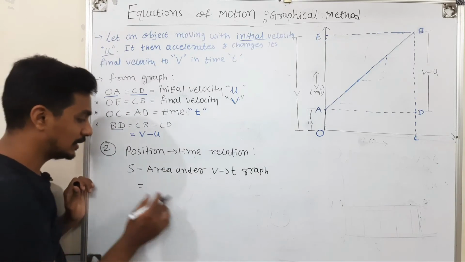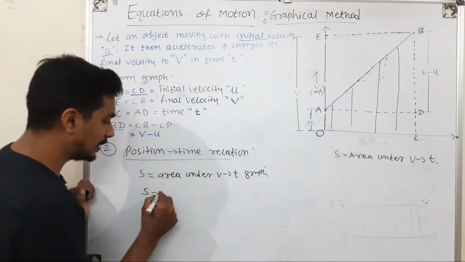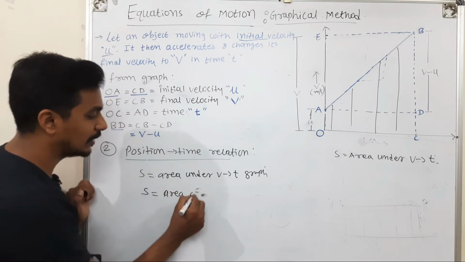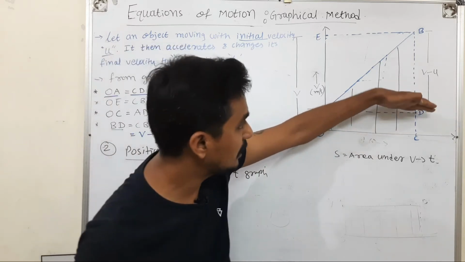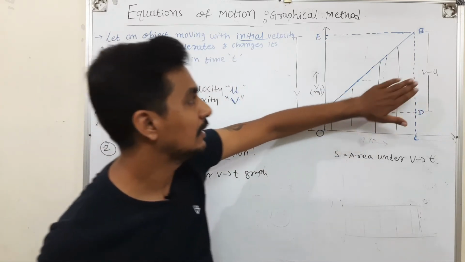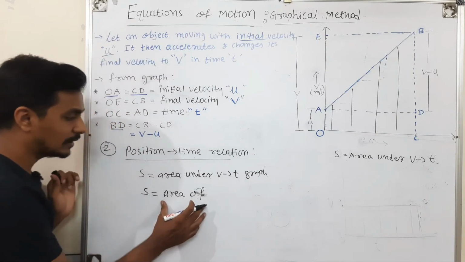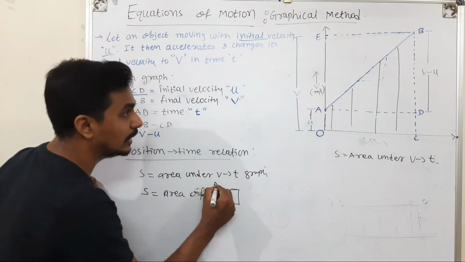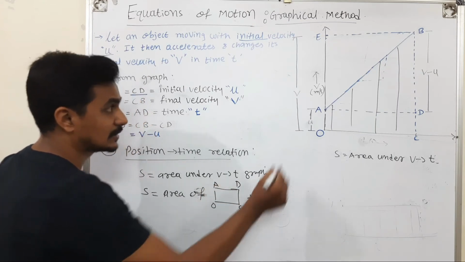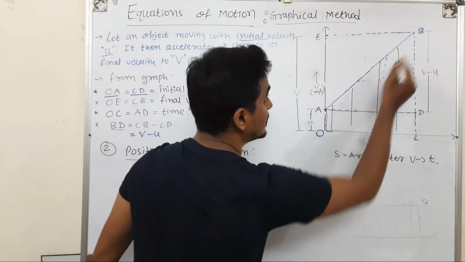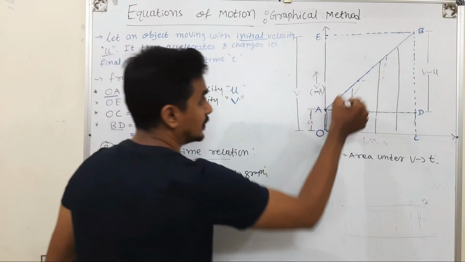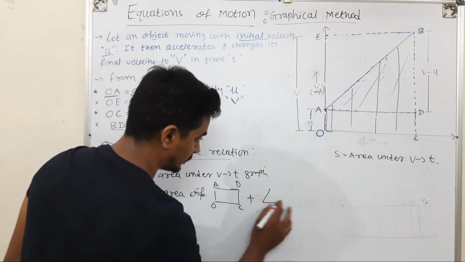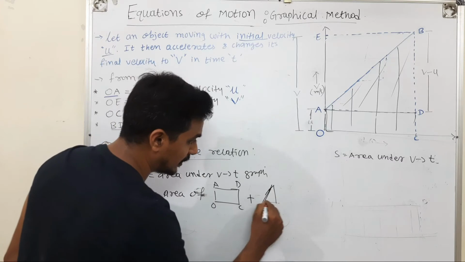So the area under the velocity time graph is the area of the rectangle OADC plus the area of this particular triangle, right? So what is the area of the triangle? What is the triangle given here?